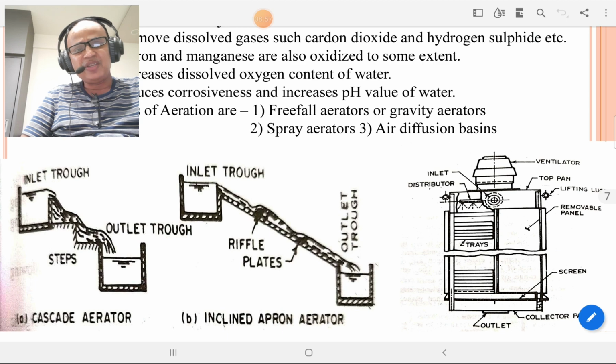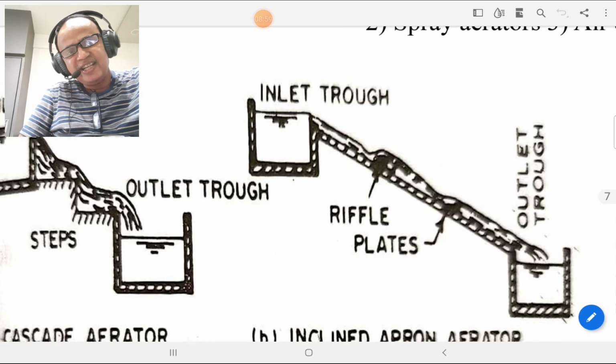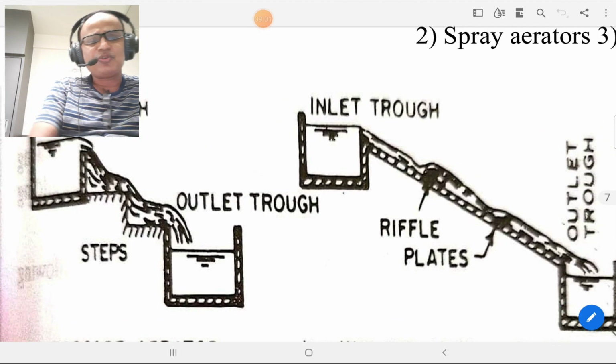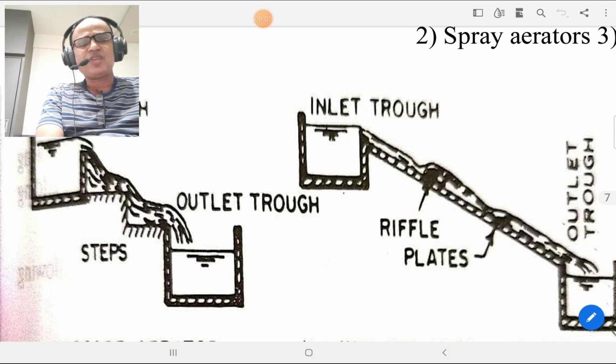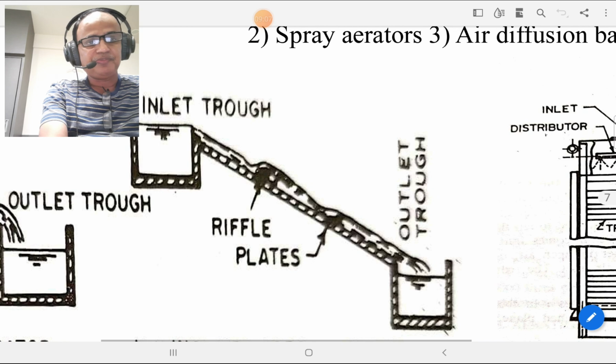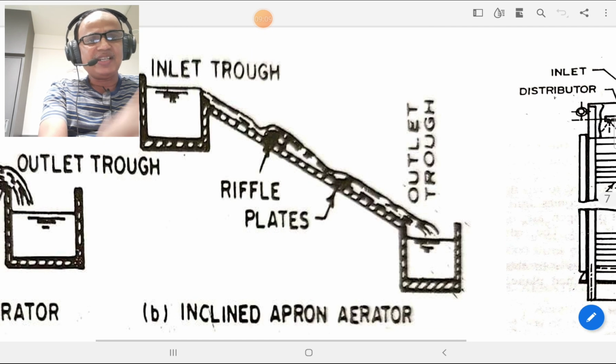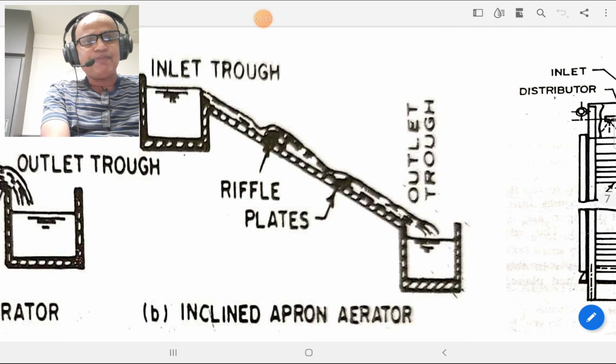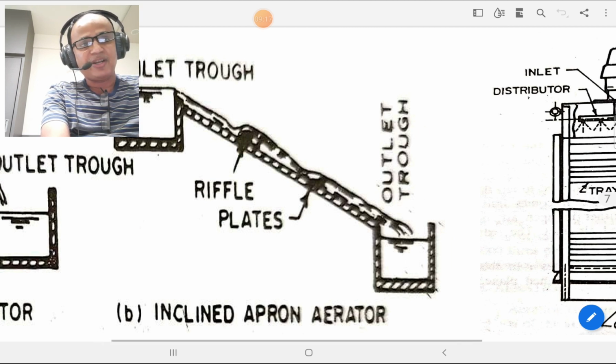Please look at the first figure, that is cascade aeration. There are steps formed for the aeration of the water. Second is the inclined apron aerator. The inclined apron is there, and there is a provision of ripples and plates, and also a provision of inlet trough and outlet trough.